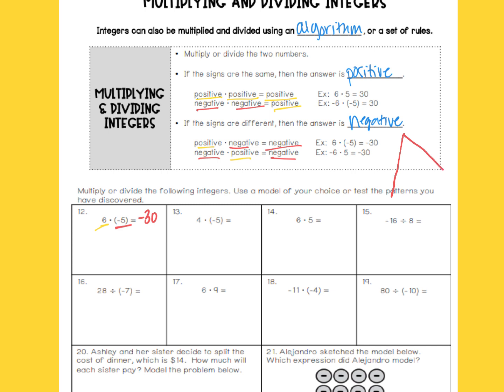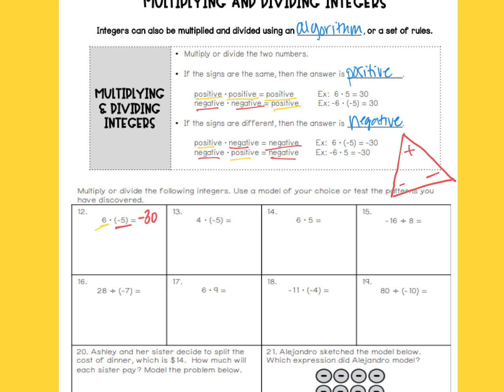This triangle on the top of your paper has a plus sign here and two negative signs here. So this will show us that when we multiply a positive times a negative, we get a negative, or a negative times a negative equals a positive.